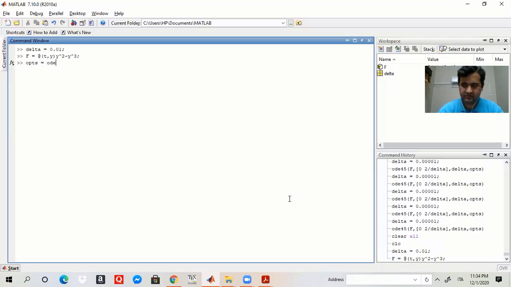But let's say I introduce tolerance. I use the odeset function, and I take the relative tolerance, how much you want, let's say e to the minus 4. You can vary, no problem.